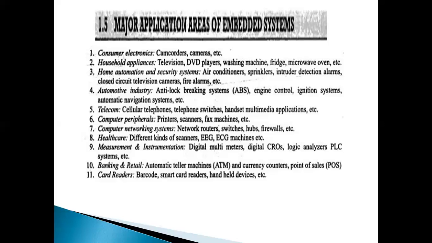Next, in telecom, in cellular telephones, for example your mobile phones. A mobile phone is also an embedded system. It consists of various types of IO devices like your display device or your microphone, and everything is interfaced to the centralized microcontroller. Next, computer peripherals like printer, scanner, fax machine.